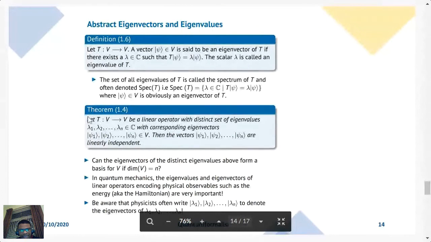Okay, and here's a very interesting theorem. If T is a linear operator with distinct eigenvalues lambda 1, lambda 2 to lambda n, with their respective eigenvectors, then their eigenvectors are linearly independent. This is very interesting, isn't it? Can anyone see why this is interesting?